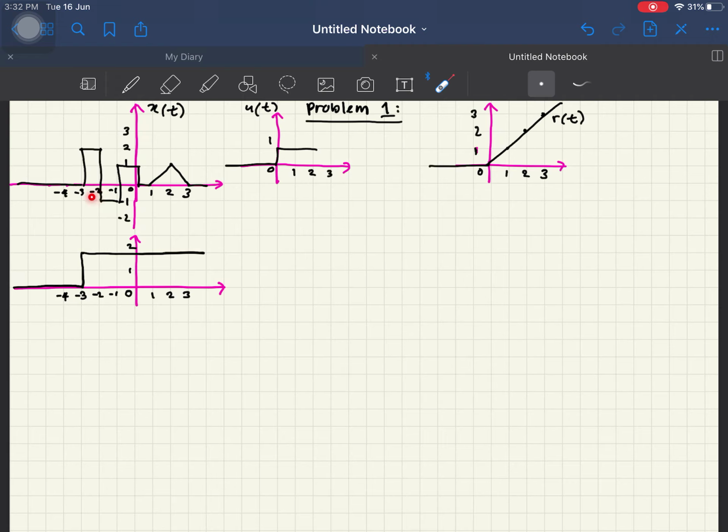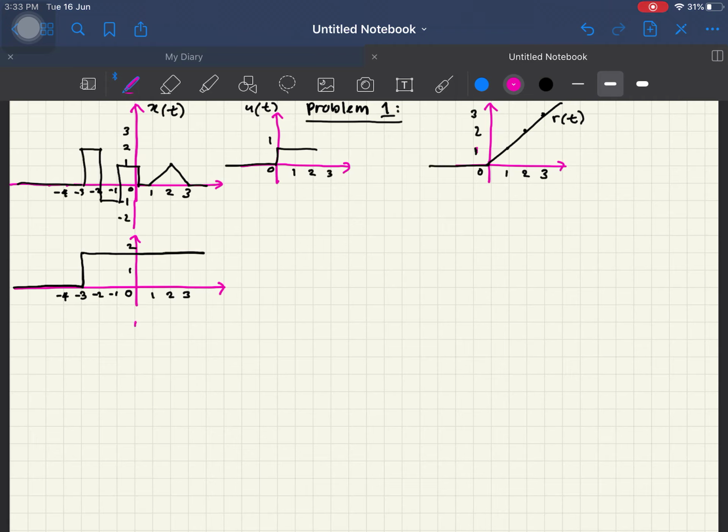Now at t equals -2, there's a drop in the amplitude from +2 to -1. So at t equals -2, you have another step signal.